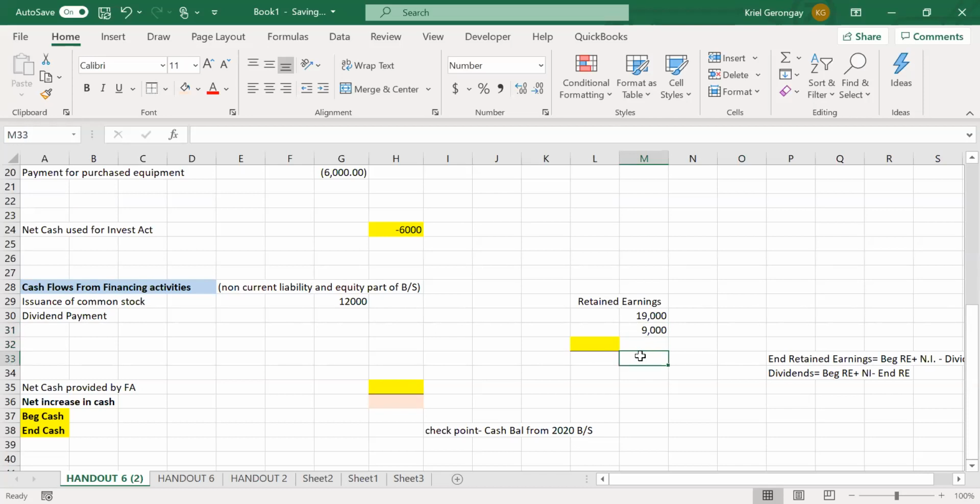The next step is to figure out the ending balance for the retained earnings, which is 27,000.